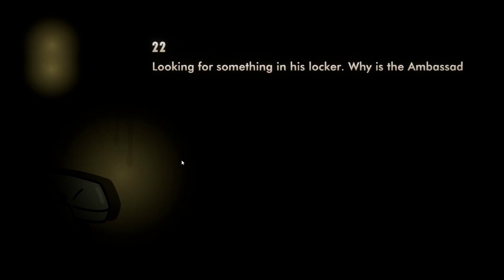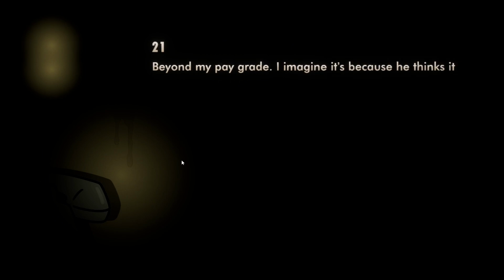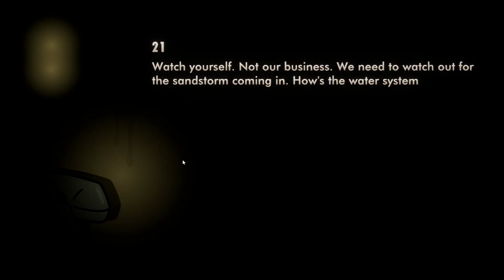Looking for something in his locker. Why is the ambassador going ahead with this interview? Beyond my pay grade, I imagine. It's because he thinks it makes him look better. Still an investigative journalist. Watch yourself, not our business. You need to watch out for the sandstorm coming. How's the water system? It's good. You cut yourself? Just a small nick. Been going down to the horses in Cairo much? A bit. You like a bet, don't you?